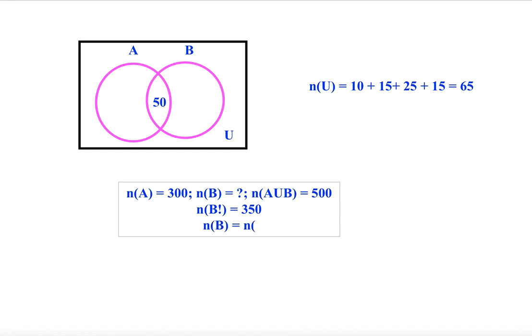So write N of A union B minus plus N of A intersection B. Intersection B, intersection symbol I am not getting here.